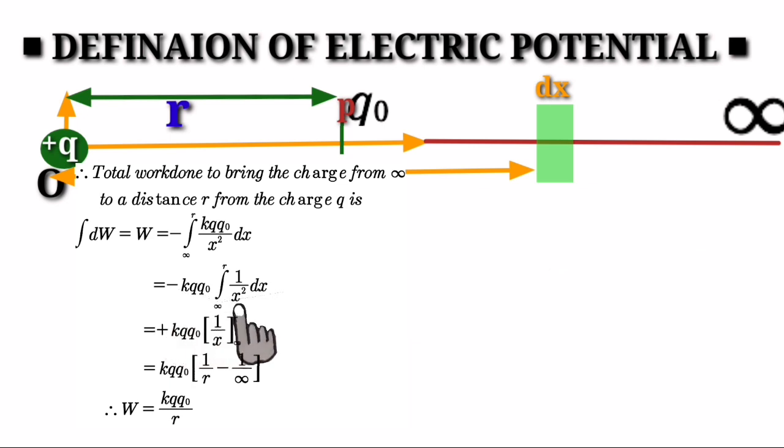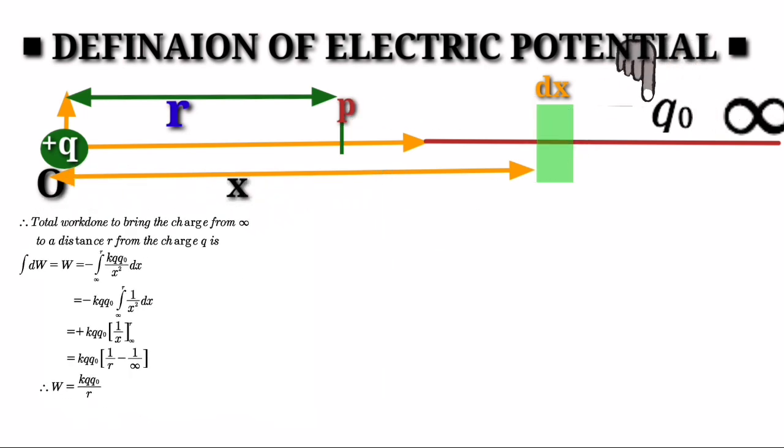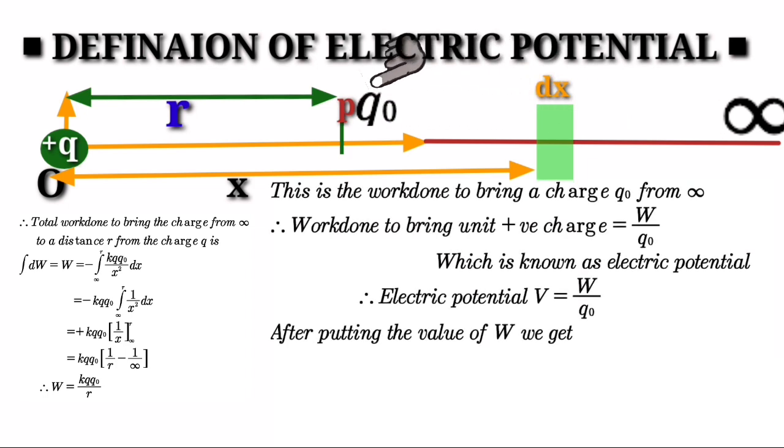Therefore, we can write W = -kQq0 times the integration from infinity to r of dx by x squared. Therefore, W = +kQq0 divided by r. This is the work done to bring this test charge q0 from infinity to this point P.